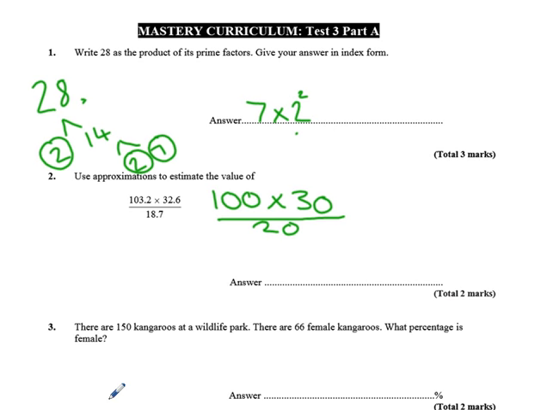So now he's going to do 100 times 30. And then he's going to divide the answer by 20. Now, if he knocks a 0 off each number, it's like doing 300 divided by 2. So the answer is 150. Thank you very much, Gibran.